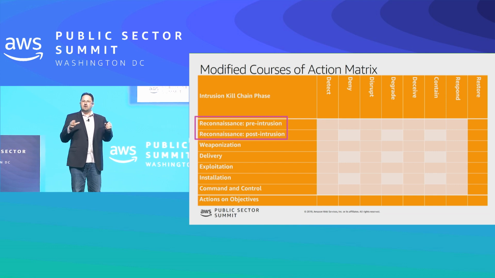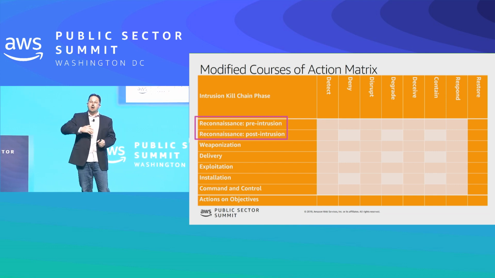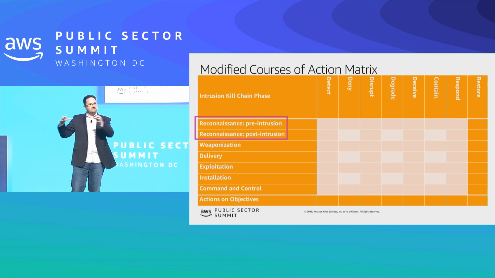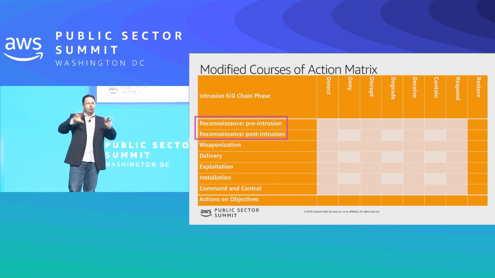The tools you use to determine whether someone's doing reconnaissance on you before you get attacked, and the tools they use once they get into your environment and start looking at where the crown jewels are, where the SCADA systems are, where the data is, will be different. So the ways that you deny, deceive, and so on between those 2 types of reconnaissance can be different. So I broke them apart.